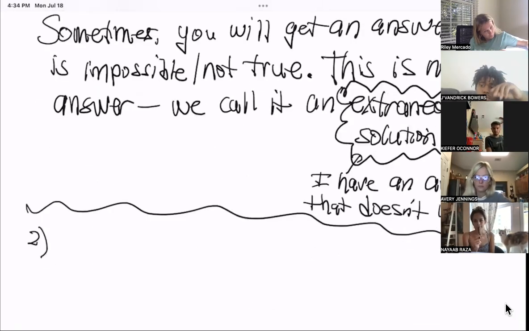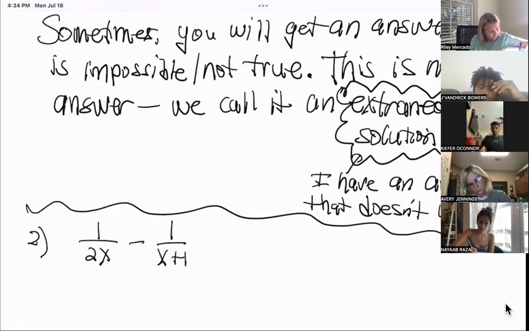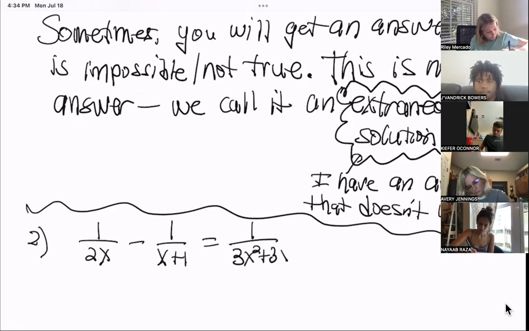Let's look at a problem like this. 1 over 2x minus 1 over x plus 1 is equal to 1 over 3x squared plus 3x. Really similar to when we added and subtracted these. Same kind of idea.